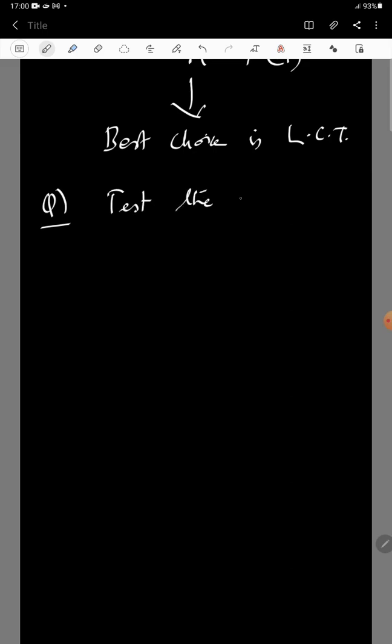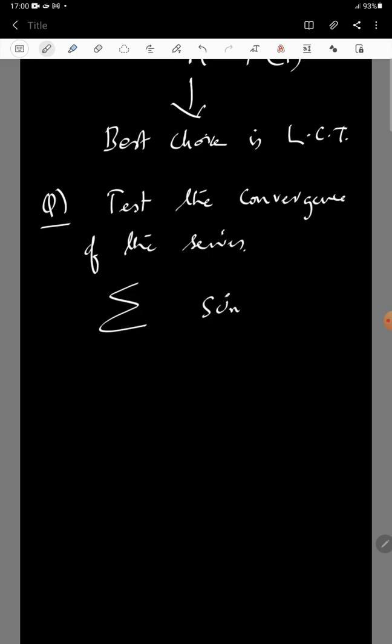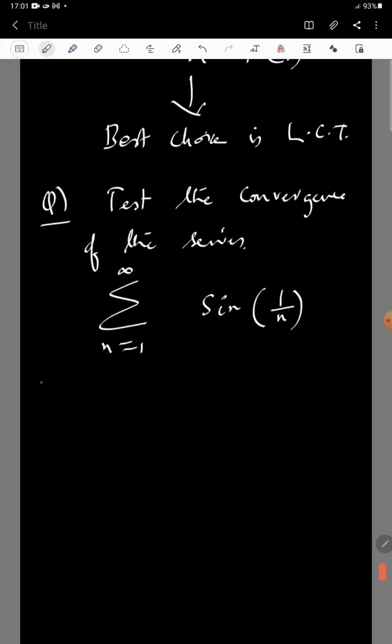Test the convergence of the series sigma sine of 1 by n, n equal to 1 to infinity. Solution.